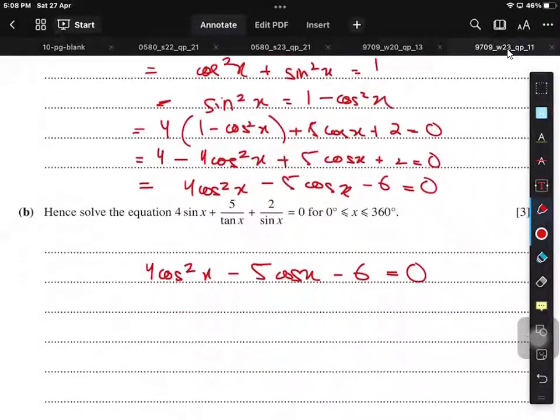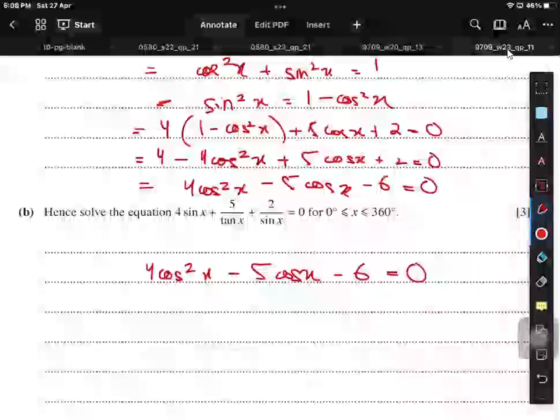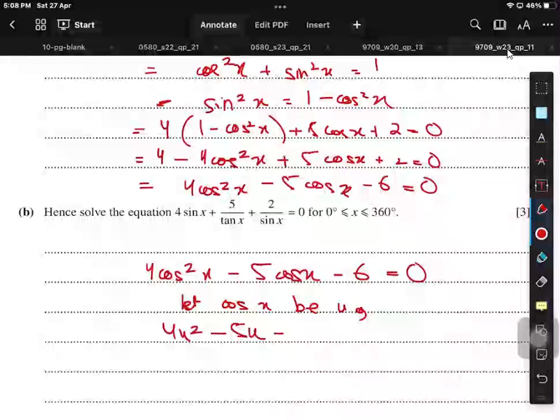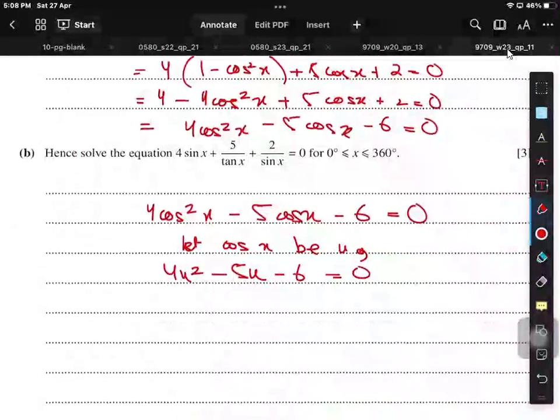First of all, let's substitute cos x by a variable that would be easier for us to comprehend. So we let cos x be u. So 4u squared minus 5u minus 6 is equal to 0. So that is our quadratic equation.